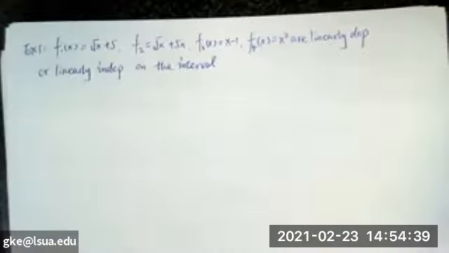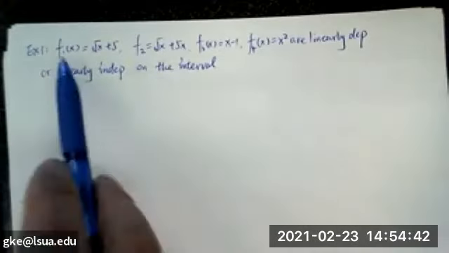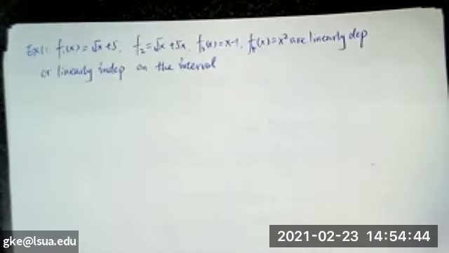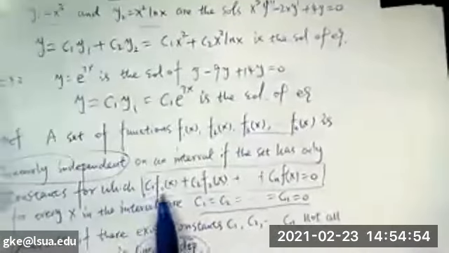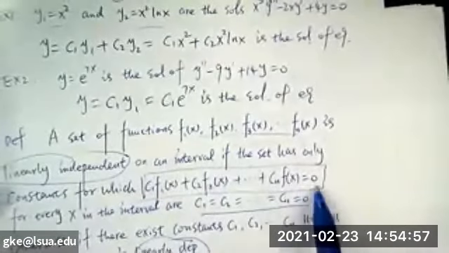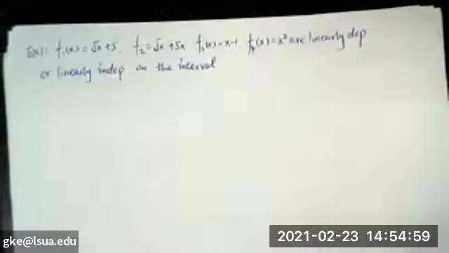So how to check whether these functions are linearly independent or dependent? Follow this definition. We construct the linear combination and let it equal 0. So what are we gonna do?